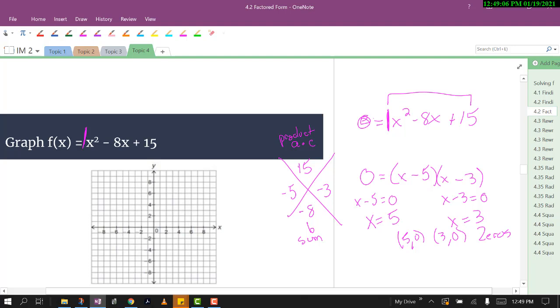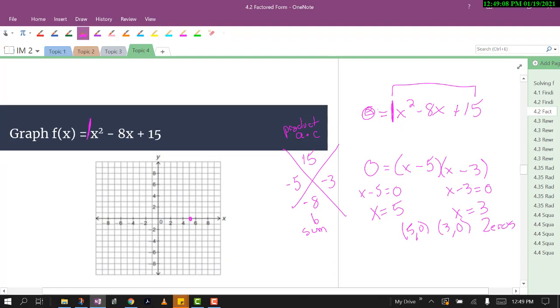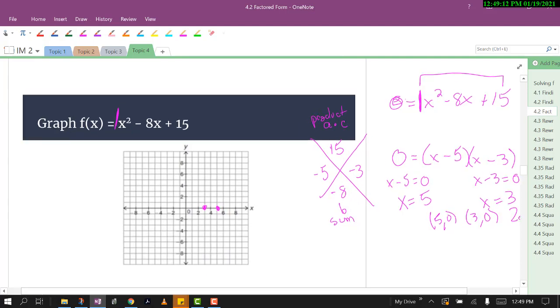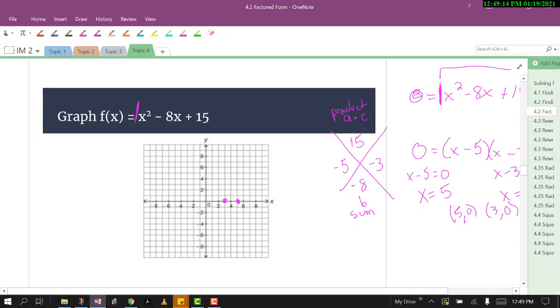So we can plot those. (5, 0), (3, 0). Now, just looking at that, I'm guessing a good number of us, if not all of us, could figure out the x-coordinate of our vertex. But let's check it out.